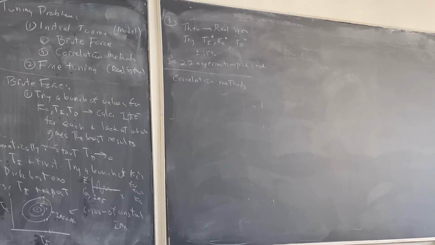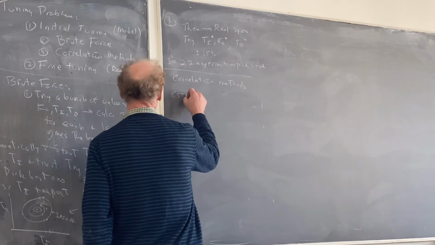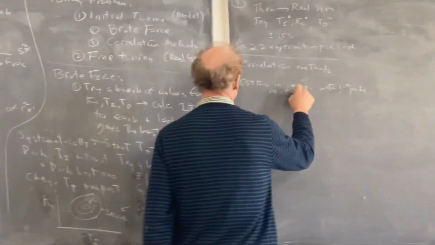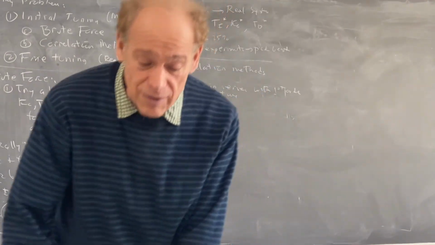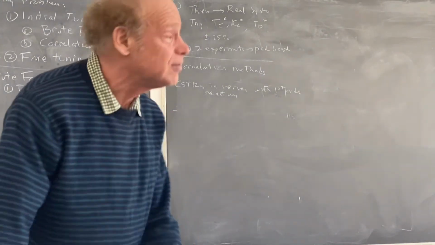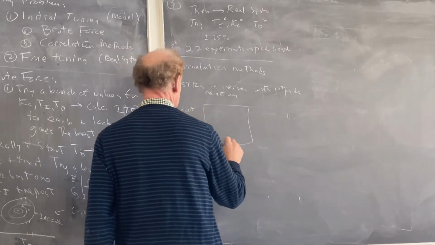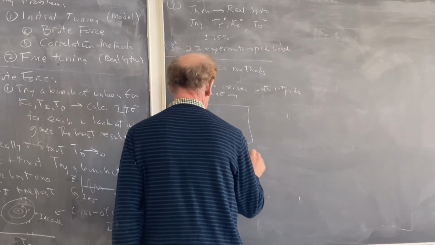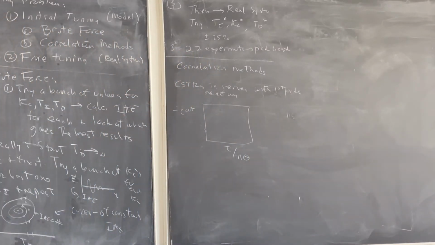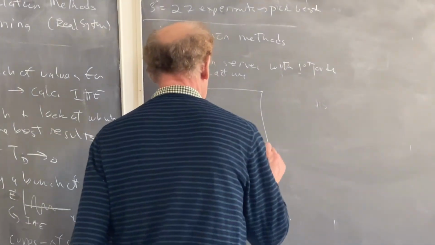And if you remember, earlier in the semester we plotted, for CSTRs in series with first order reactions, the concentration of the outlet as a function of theta, where theta is t over n tau.